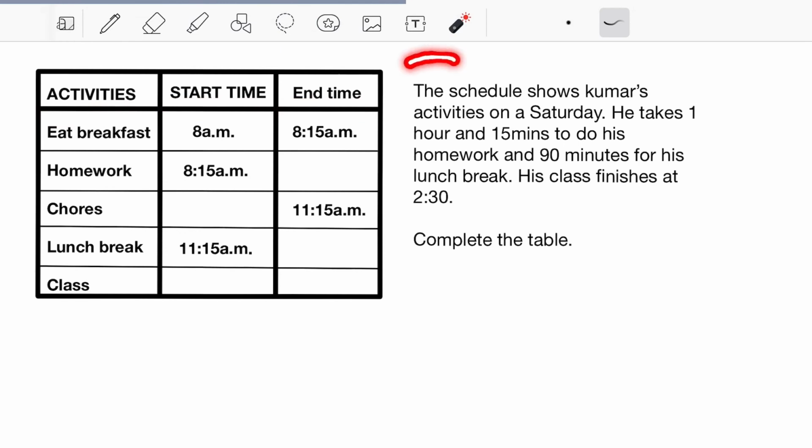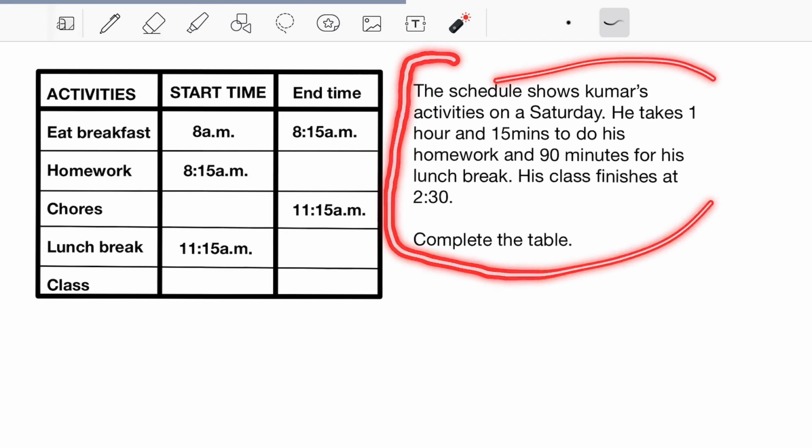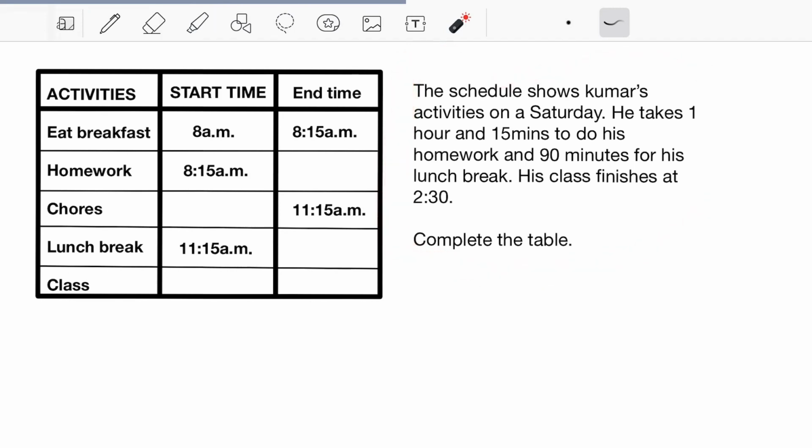The schedule shows Kumar's activities on a Saturday. He takes 1 hour and 15 minutes to do his homework. So we don't have that information here. And 90 minutes for his lunch break. His class finishes at 2:30. Complete the table.